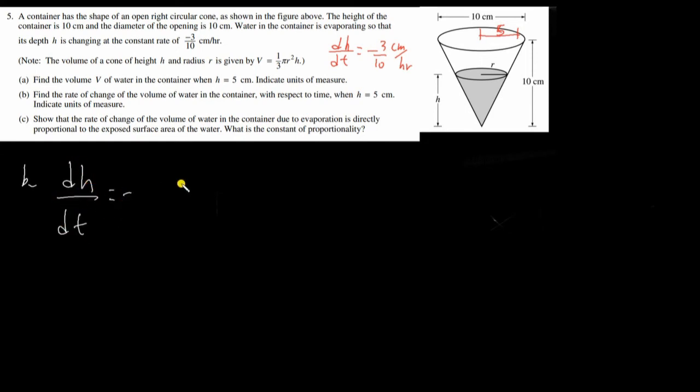So dh/dt is -3/10. I'm not going to include the units, just to keep it simple. And then I know that the height is going to be 5. So this is the height. And then what else do we know? We know that the radius is going to be half of the height, so it's h/2. Now let's see what we want to find.